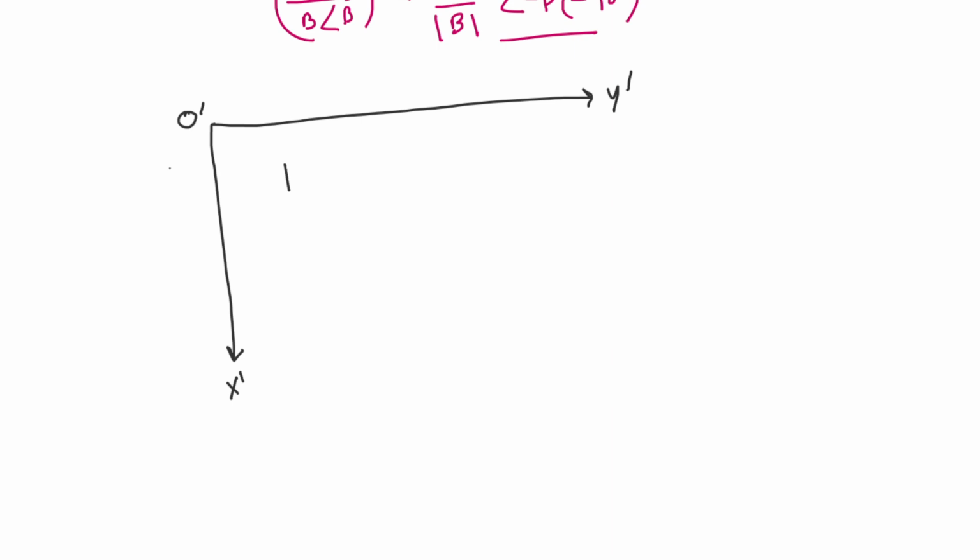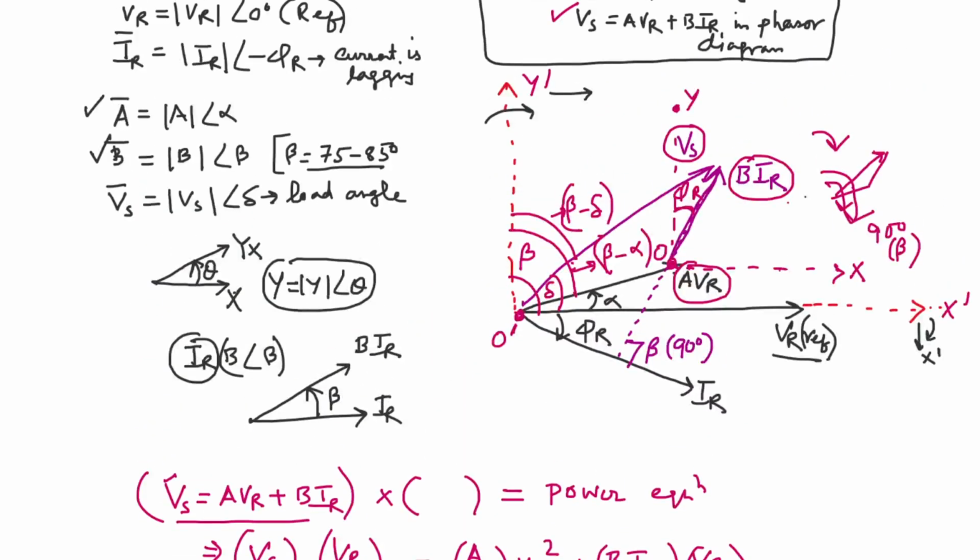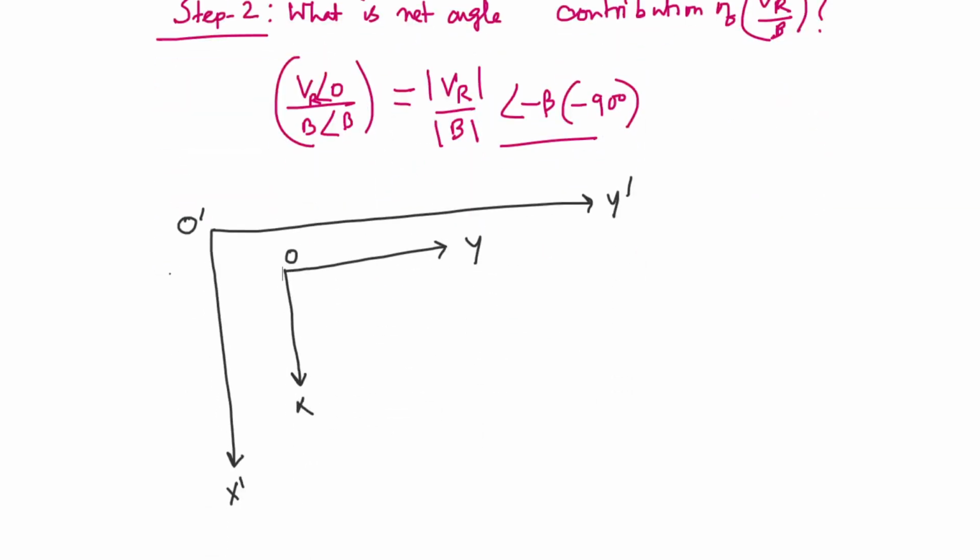So this is x, this is y, and this should be the origin. Now the line joining O dash to O, which was AVR, will in this case be A by B VR square. Okay.